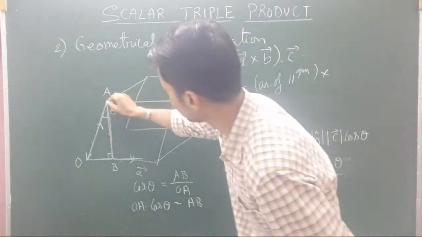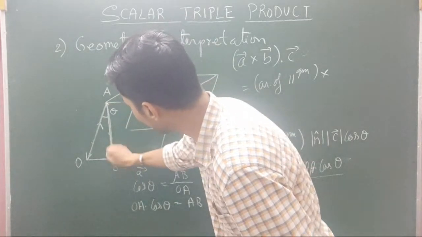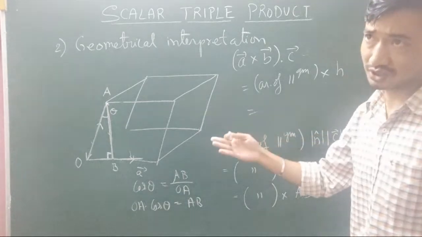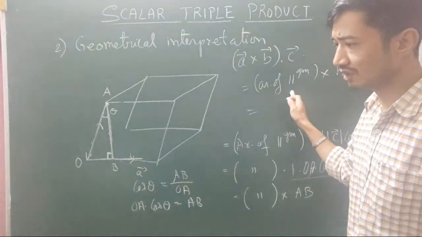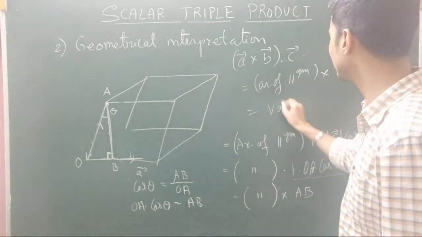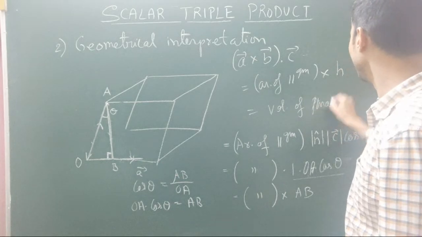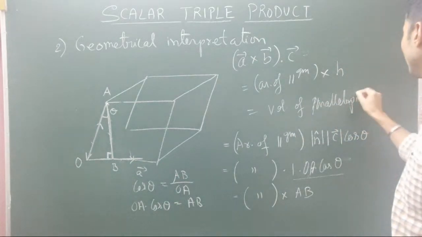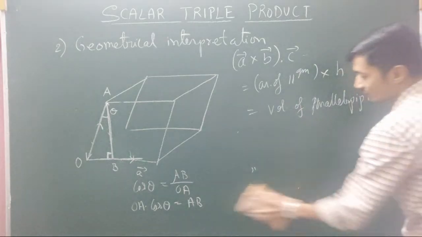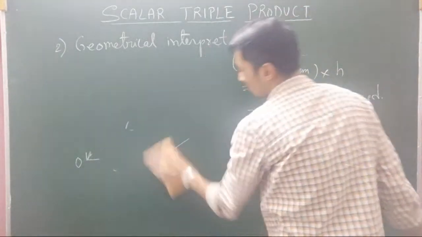AB is the perpendicular height, so that's going to be height. If we assume area of parallelogram to be length into breadth, into height, another dimension, that simply becomes volume of the parallelepiped. So that's the verification or the proof that the scalar triple product gives us the volume of a parallelepiped.